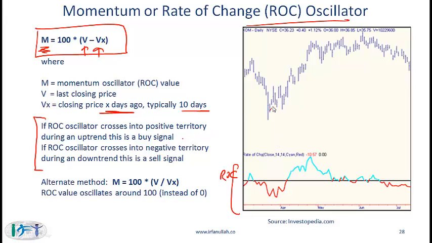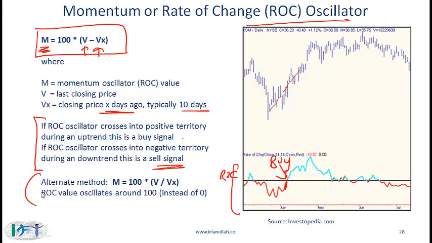So notice over here we have an uptrend, and during this uptrend we have the ROC indicator which is crossing from negative territory into positive territory. So this would be a buy signal. If the ROC oscillator crosses into negative territory during a downtrend, this is a sell signal.